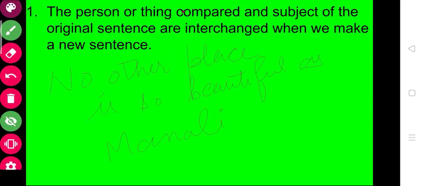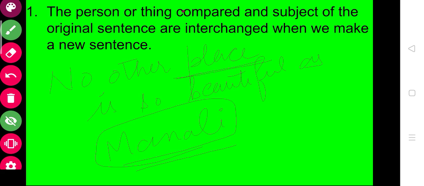Okay, so if this is the sentence we have, what we mean by this particular rule is that the person or the thing being compared and the subject of the original sentence are interchanged. What is the subject of the original sentence? No other place is as beautiful as Manali.